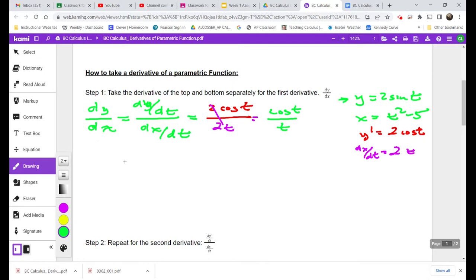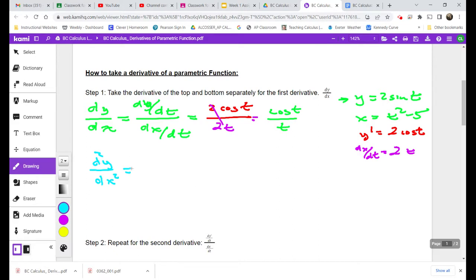Now we have to work with the second derivative, d squared y, the second derivative of y with respect to x. You have a formula that looks a little different.